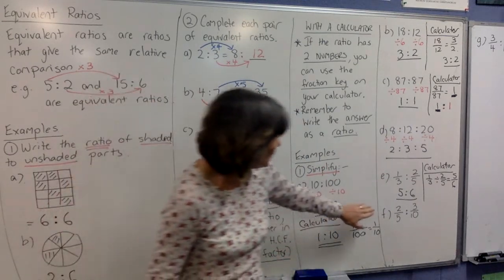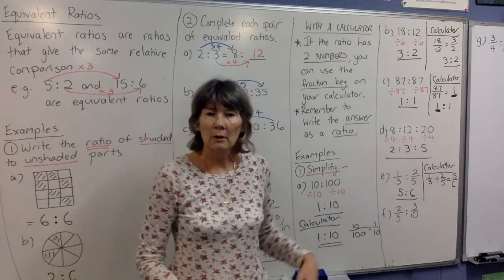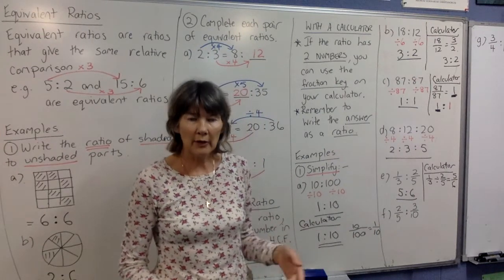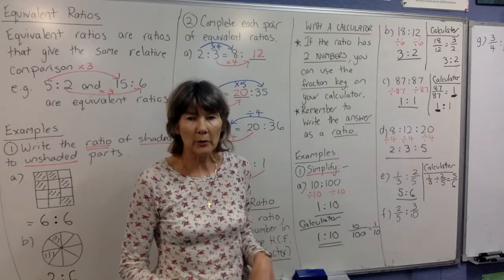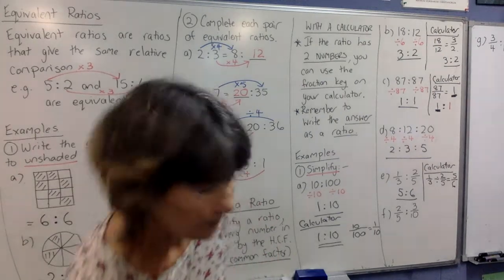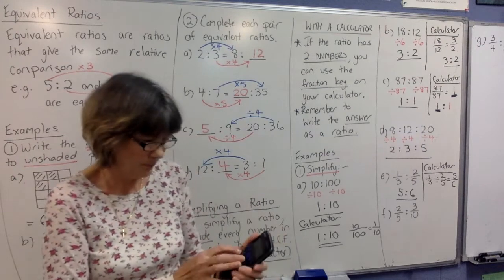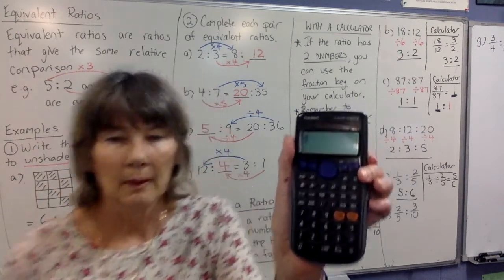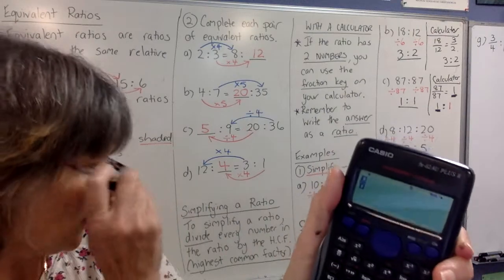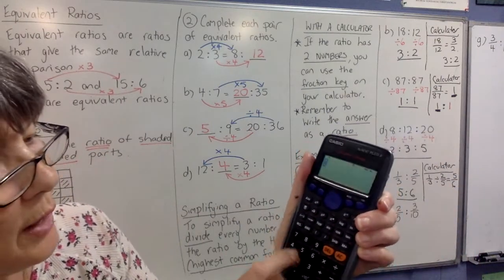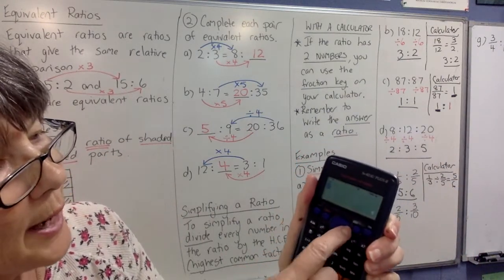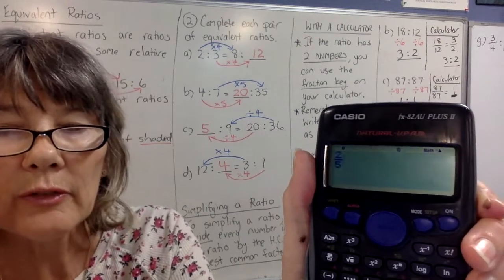I want you to try this next question. Pause the video, have a go at this one yourself and see if you get what I'm about to get. Okay, let's have a look. I'm going to press it in as 2 over 5, right arrow, so I'm out of the fraction key first.